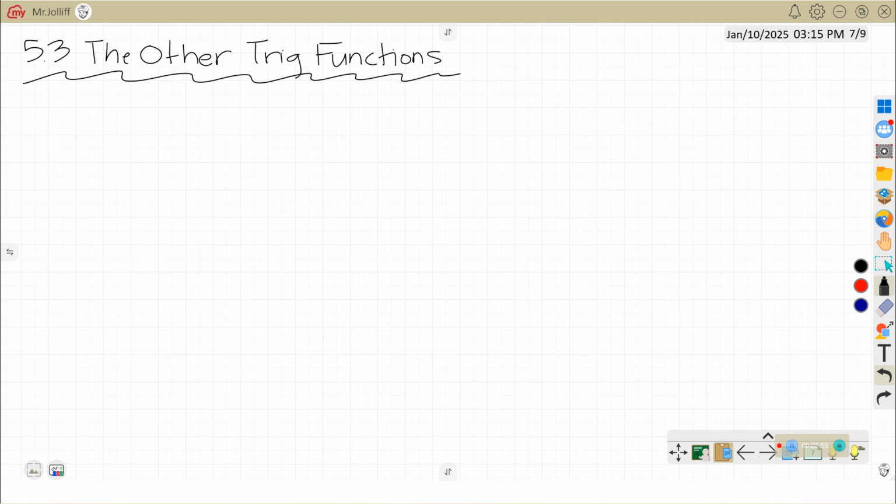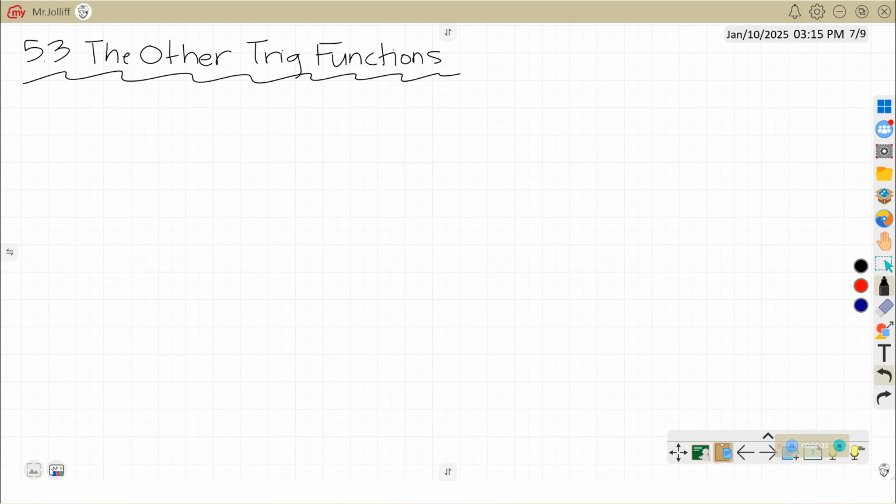So on that blank sheet of paper, that's not the pre-printed packet, we're starting 5.3, the other trig functions. And we make them sound like redheaded stepchildren when we say it that way, but they are not in fact redheaded stepchildren. We love the other trig functions. The reason they're grouped in the other category is all of the trig functions we're introducing today are combinations of sine and cosine.